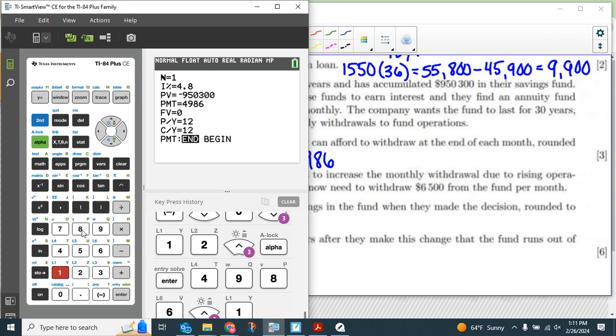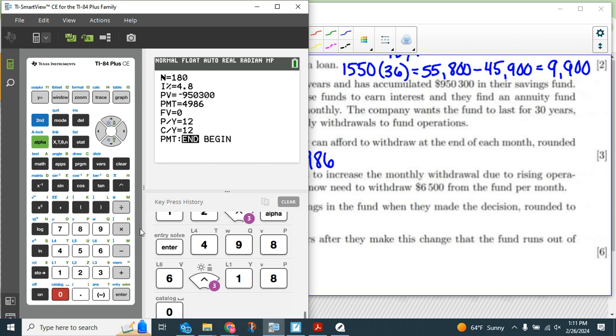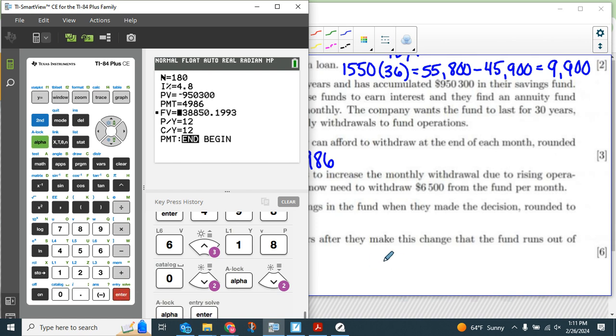They only did 180, 15 times 12. Now we want to know what the new present value is. Sorry, we want to know what the final value is. So they are still going to have $638,850 in there.